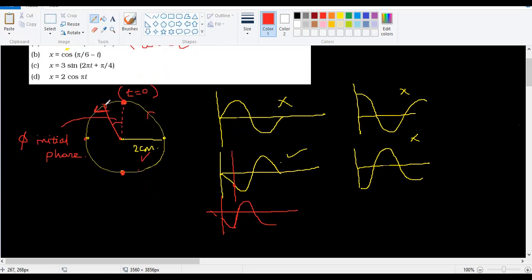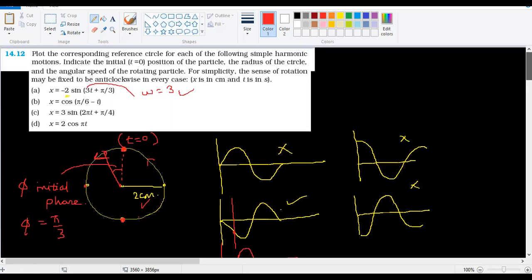Why? Because the projection of the shadow will be in the negative direction. You see, this is already in the negative direction. Pi by 3 means 60 degree. Any questions? Do you understand the mistake I did? There is an initial phase. That means you have to show that the starting point is slightly here. It's not here.